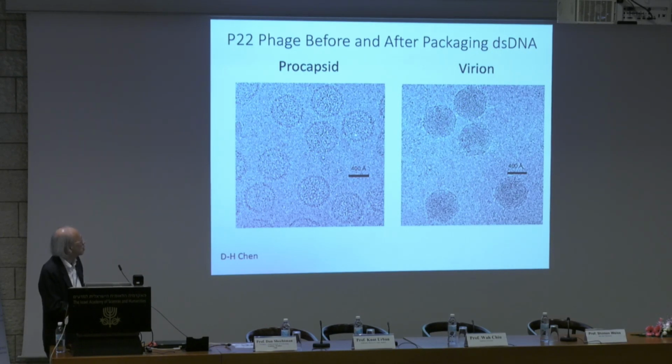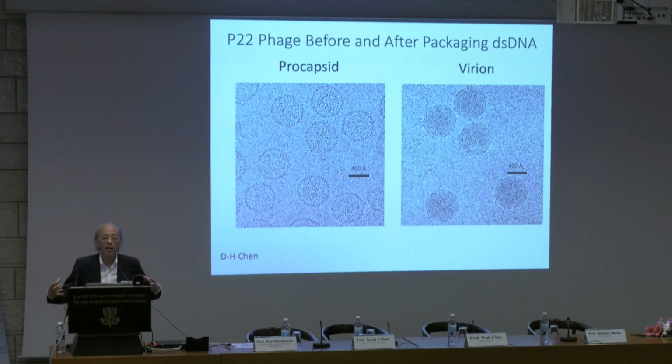And you can see in these 2 pictures here, the procapsid without DNA is more circular and smaller in diameter, but in the virion, it is angular and also about 100 angstrom bigger in diameter. The chemistry question is, how does this expansion occur upon the entrance of the DNA?